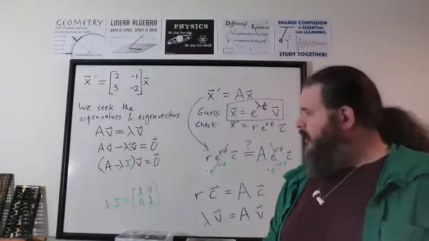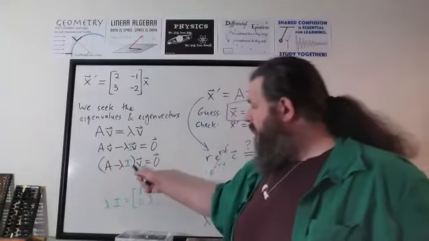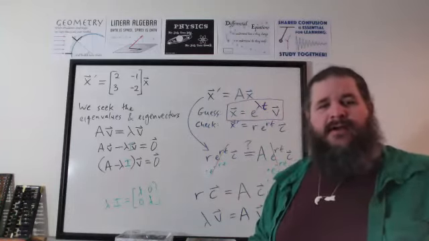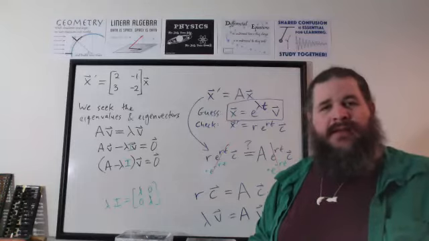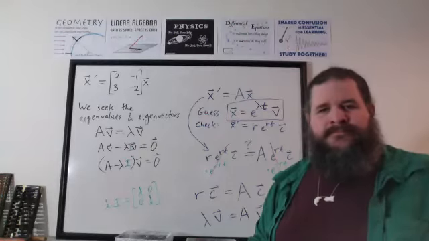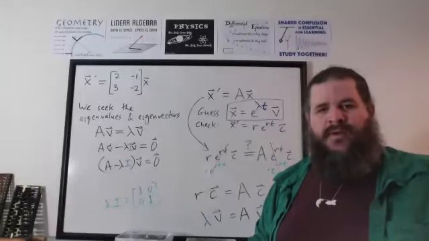vector. In fact, if you think of this as a matrix times a vector equals 0, what do we call that in linear algebra if we're trying to find all vectors that become 0 when multiplied by a matrix? What kind of subspace related to the matrix is that?